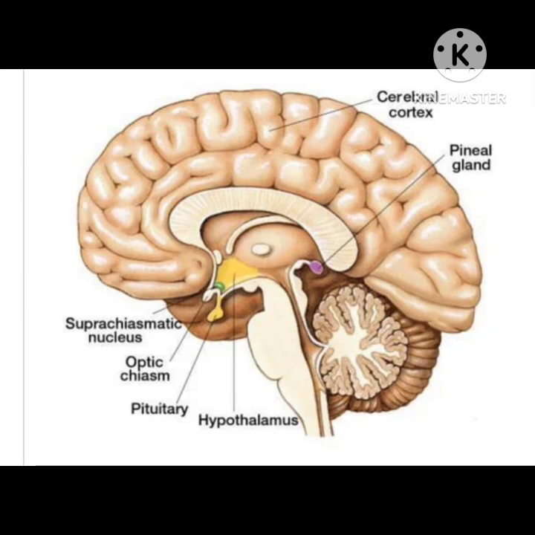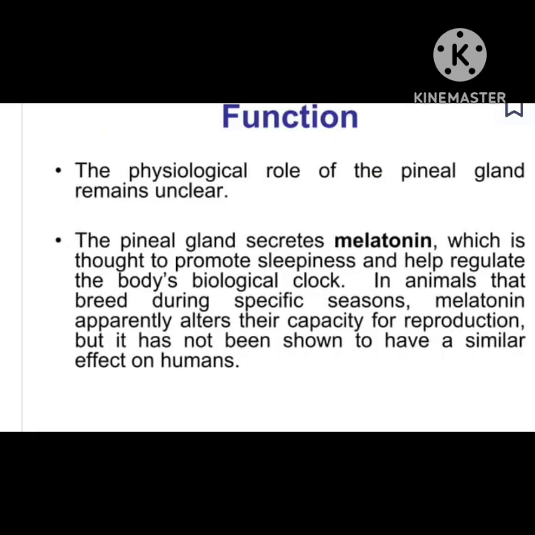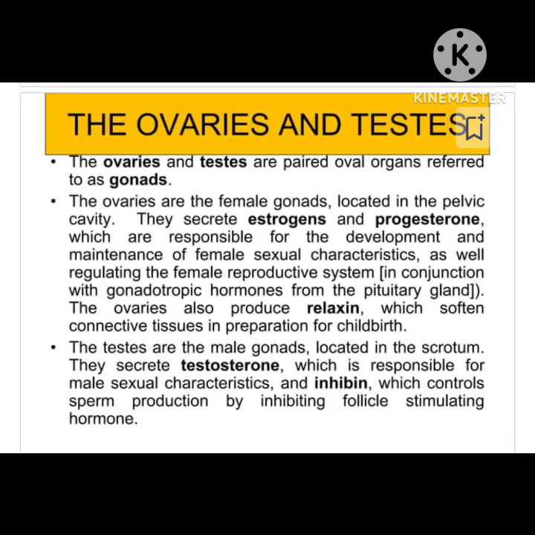You can see here where it is present. So next is the function. The physiological role of the pineal gland remains unclear. The pineal gland secretes melatonin, which is thought to promote sleepiness.